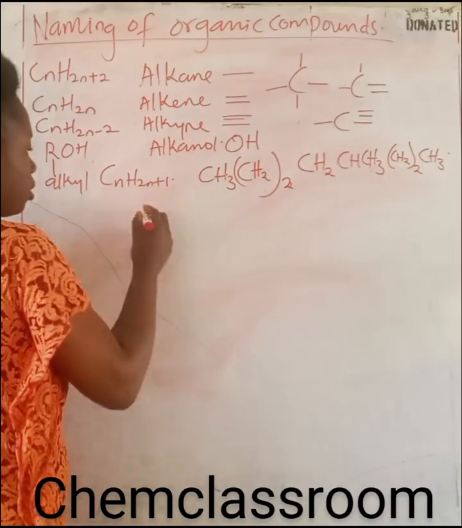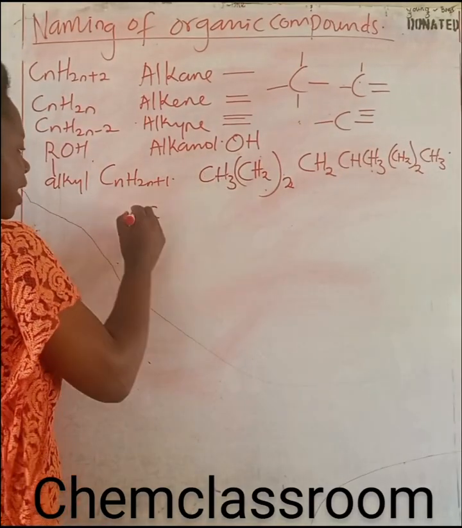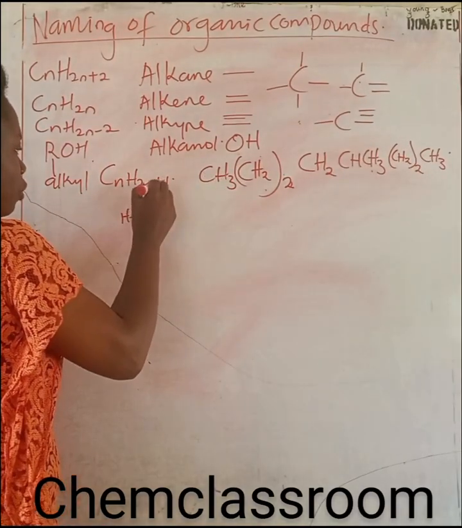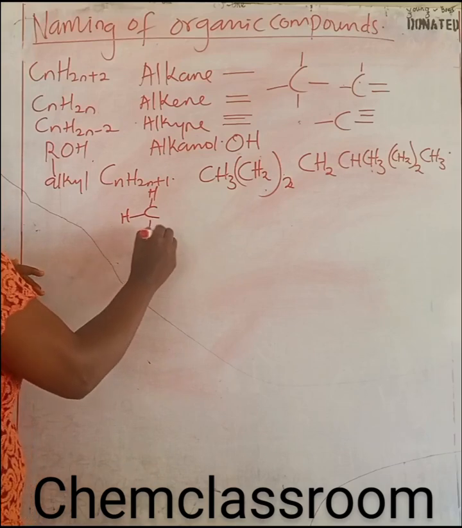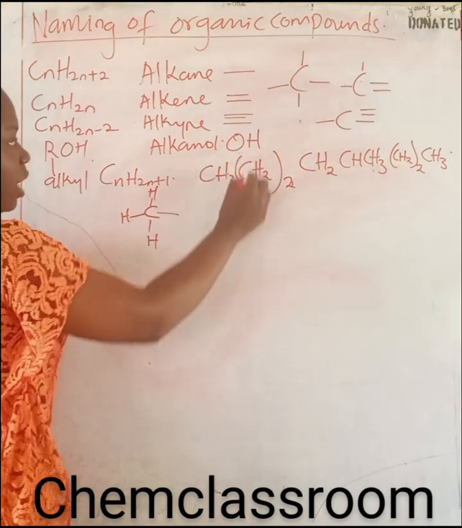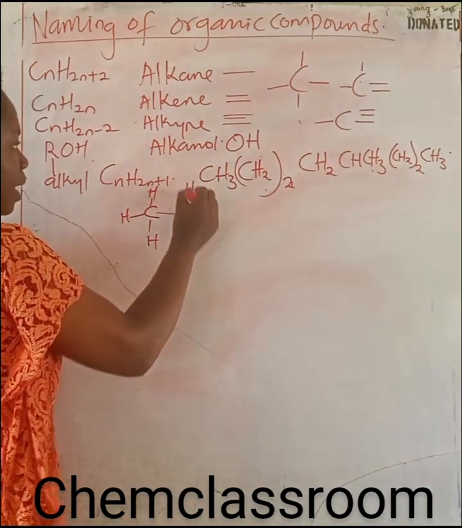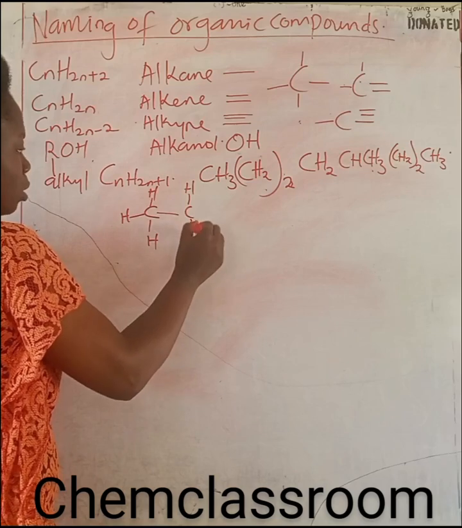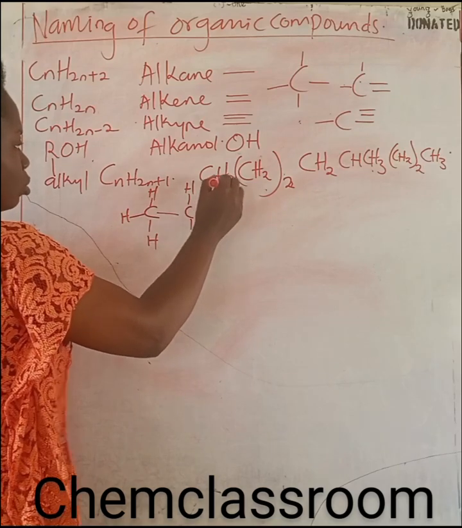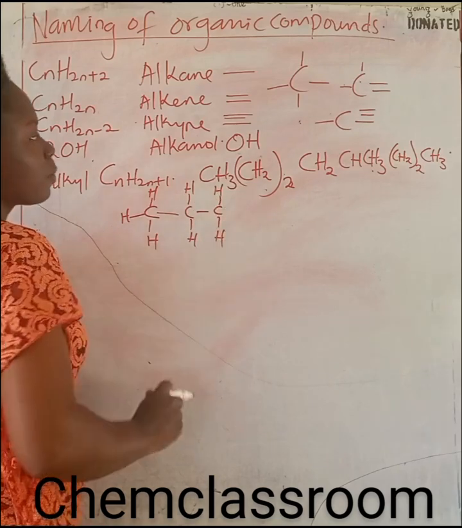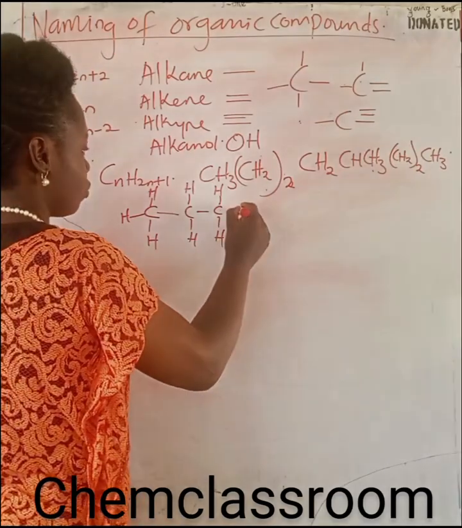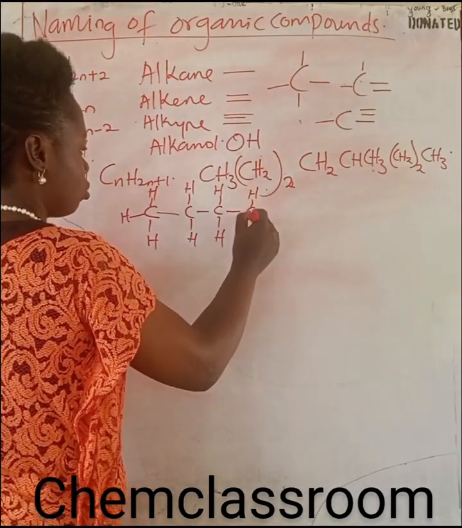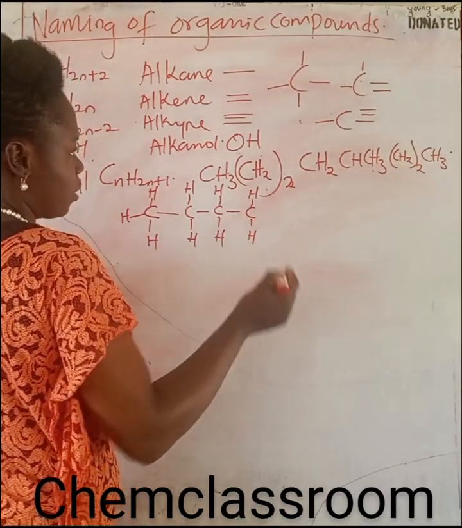Okay, so CH3, then I have my hydrogens, 3 of them. You can see the way I'm expressing them now. Then CH2, CH2, I have how many? 2. CH2, I have another one. Okay, I have another CH2. Yes, I have another CH2.